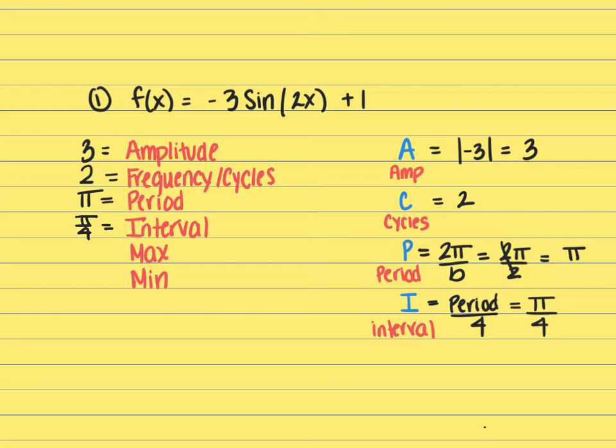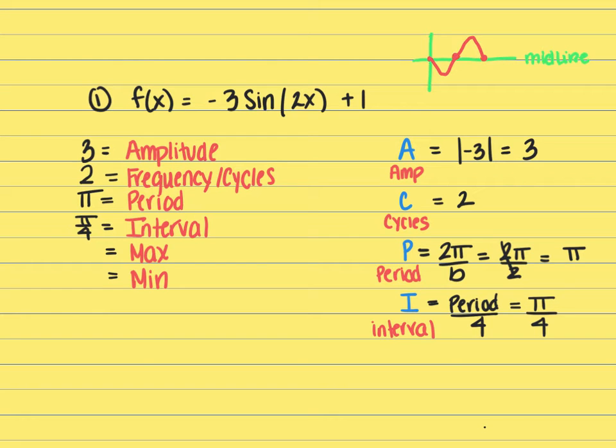And then the last bits of information are the max and min values. I didn't give you a definition of what a max and min value is yet, but let's see if we can figure it out just by looking at a graph. Let's say I have a graph here, and this is my midline. I don't know exactly where it is relative to the x and y axes. It's just a midline. And let's say I graph a negative sine graph.